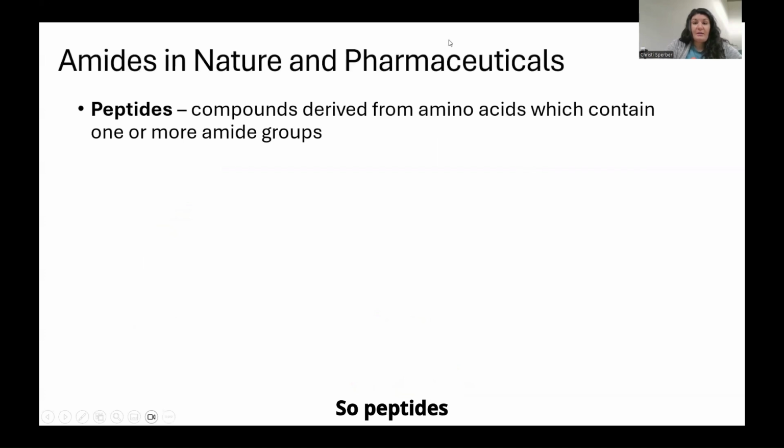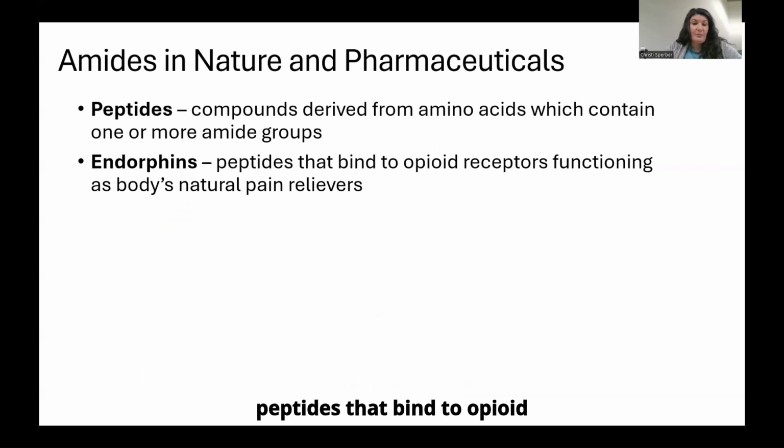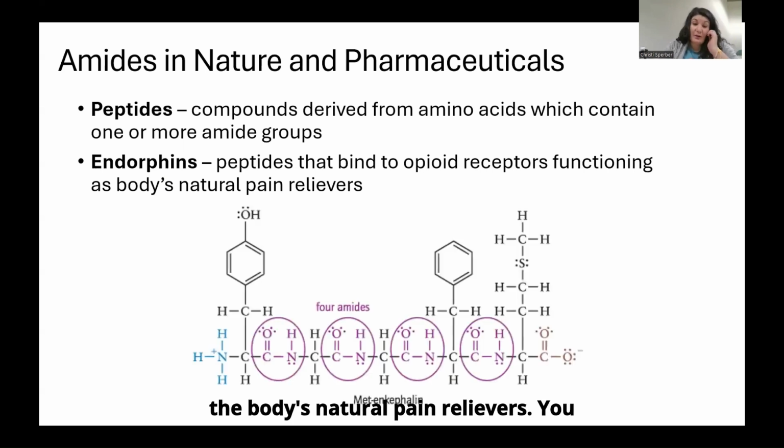So peptides are amides in nature and pharmaceuticals. Peptides are compounds derived from amino acids, which contain one or more amide groups. Endorphins are peptides that bind to opioid receptors, functioning as the body's natural pain relievers.